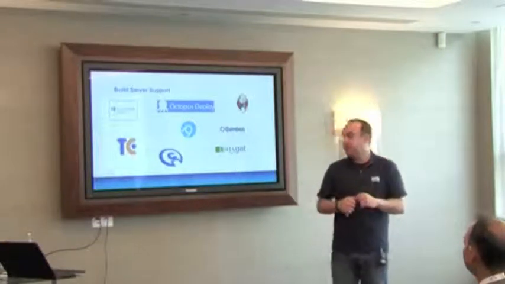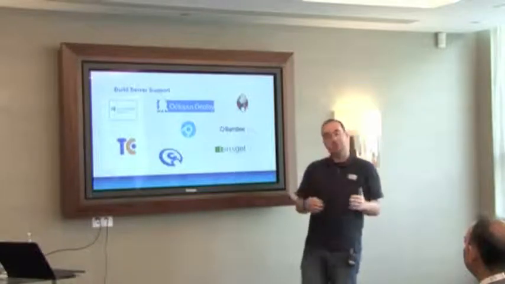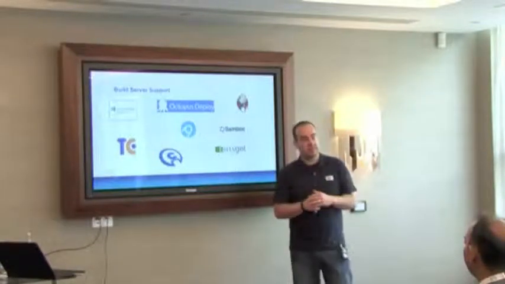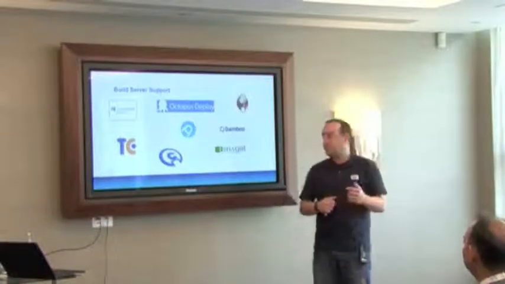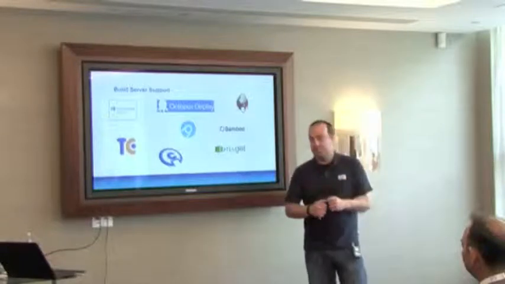Adding GitVersion into the pipeline is really simple because it just extends the existing functionality that you may already be using. So rather than using, say, within TeamCity, the build counter in your build version number format, you can just start using GitVersion and exchanging the environment variables that are used there.